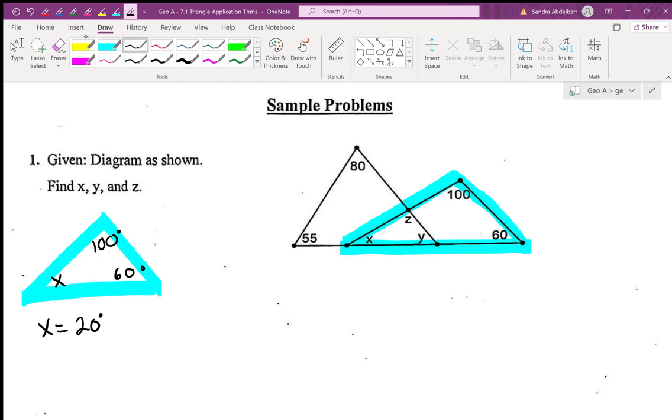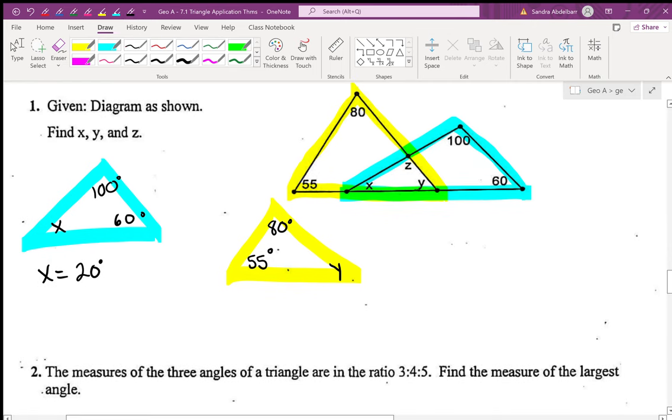Okay, now I'm going to jump to angle y, and I'm going to use this yellow triangle. In this yellow triangle, I have an 80 and a 55, and I have y.